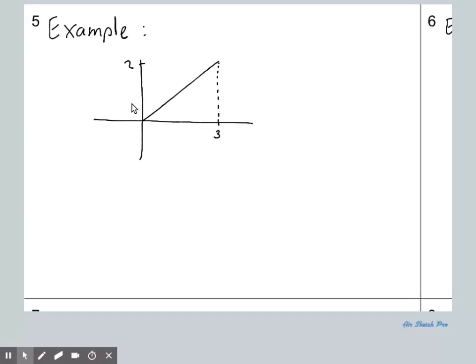Okay, so here's reminder number one. A linear function can always be written in the form of y, or f of x, equals mx plus c, where c is the y-intercept and m is the gradient. So if you can find m and c, you can write the function.